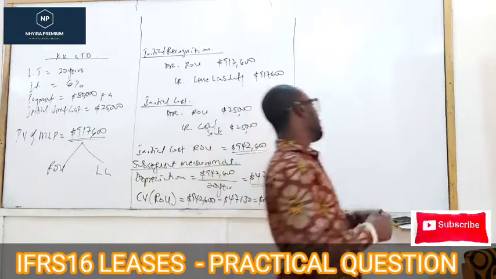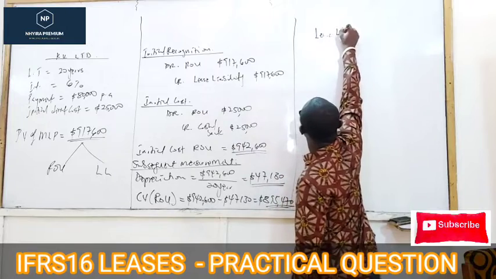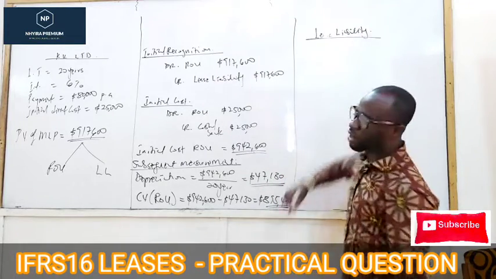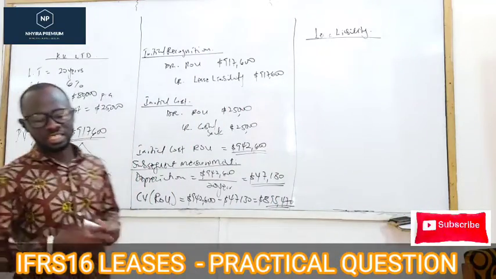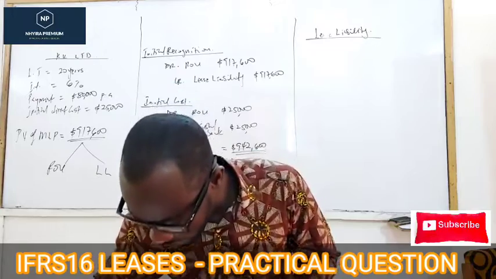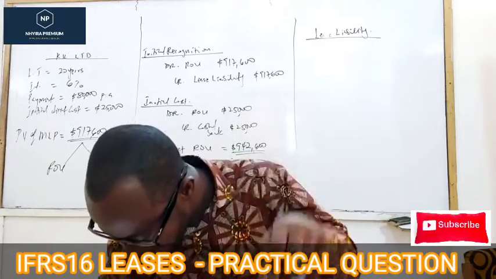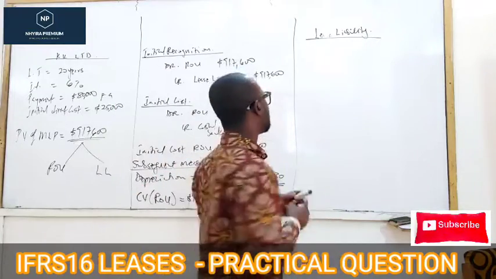Then let's go to the lease liability. Remember what I told you, when it comes to the lease liability, we carry it at the amortized cost. And the most important thing is that in this question, the payment is made at the end of the year. I believe that was what was stated in the question. Yes, payments are made at the end of the year, all payable at the end of each year.